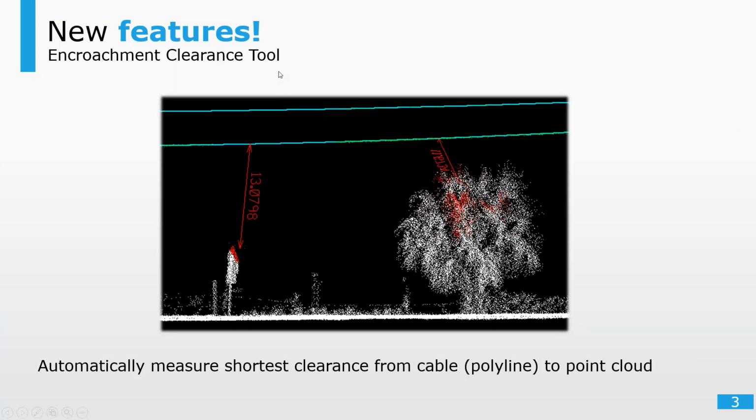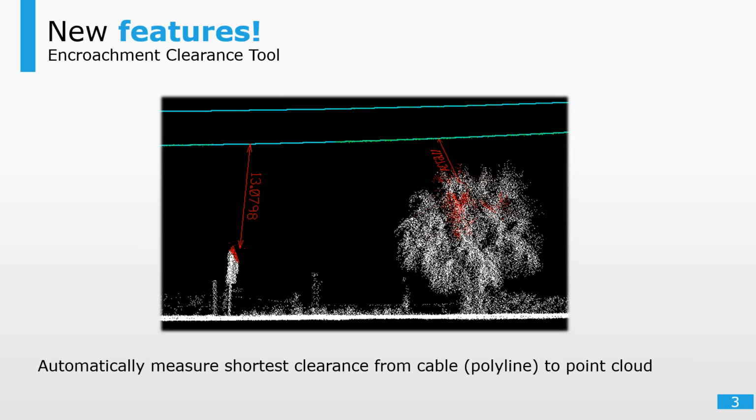New feature, also an encroachment clearance tool. Most of you might know that we always had the ability to classify points. We classified our point cloud, and for a lot of that classification we used the encroachment tool to understand, within an area or volume, which points intersected it.